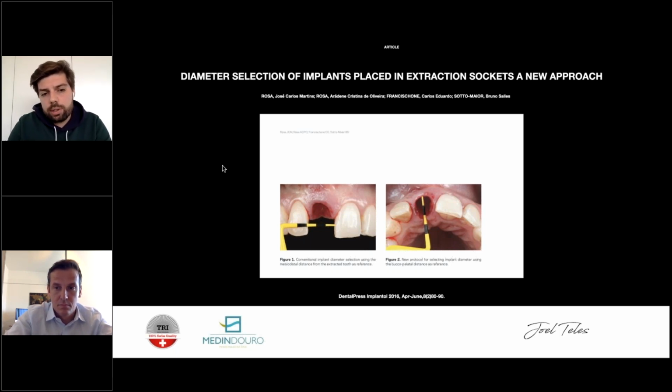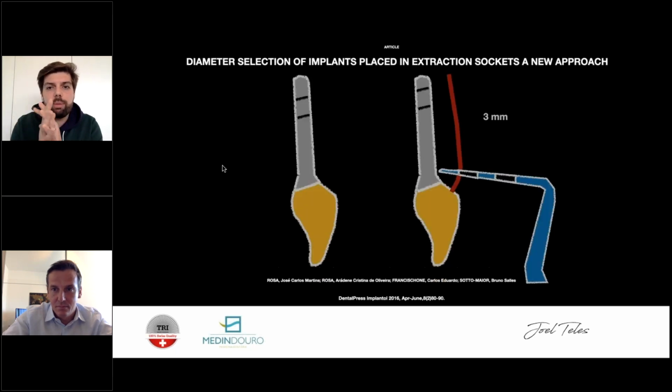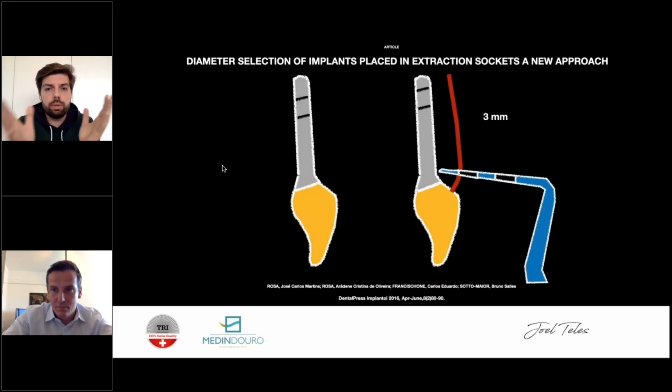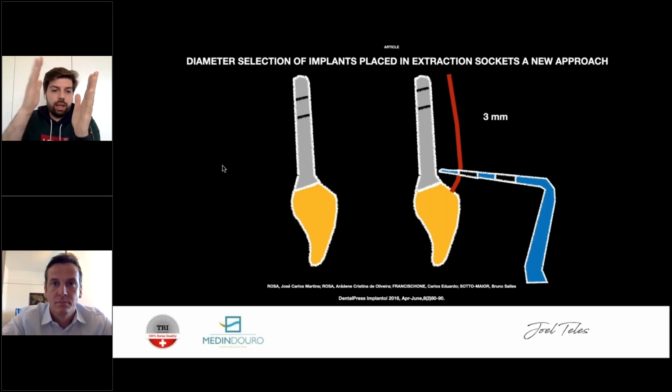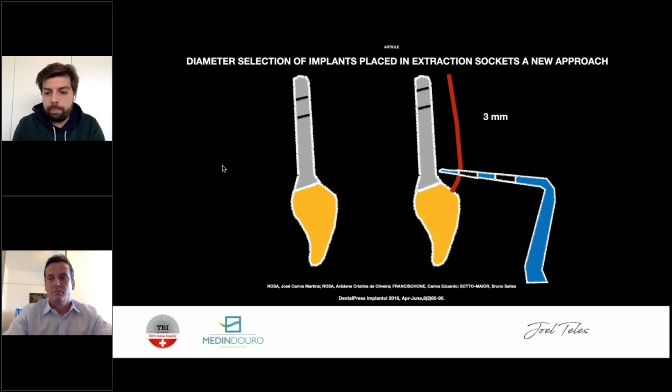It tells us that you should do that measurement from the palatal wall to the buccal wall, and therefore choose an implant diameter that allows you to have this 3 millimeter rule, that you should have 3 millimeters for accommodating tissue and for grafting in between the implant and the buccal wall.